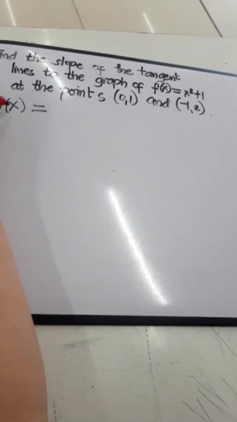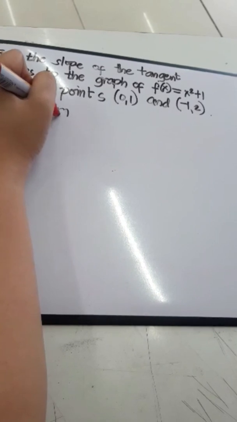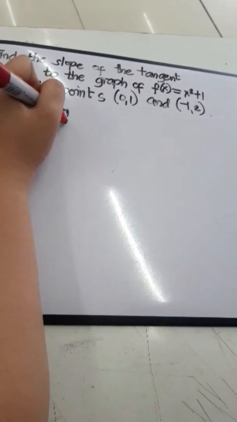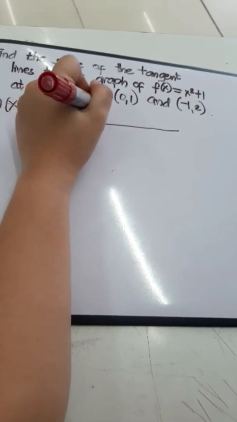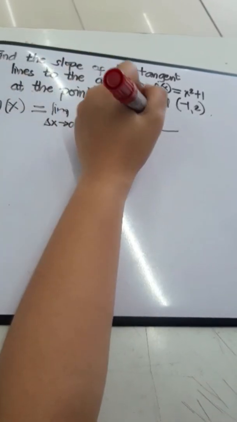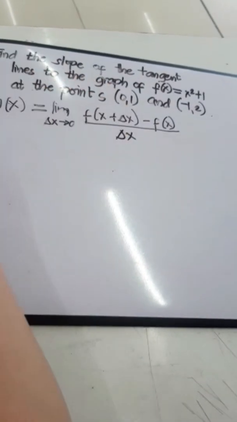So, the slope of x is the limit as delta x approaches 0 of f of x plus delta x minus f of x over delta x. Diba?